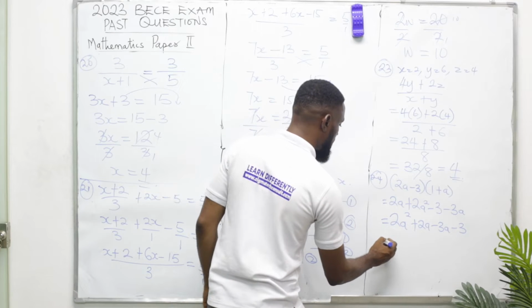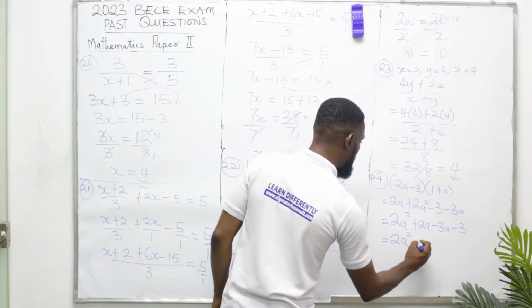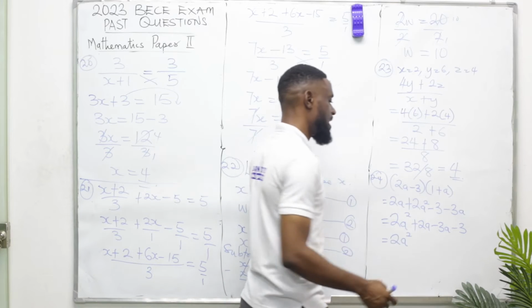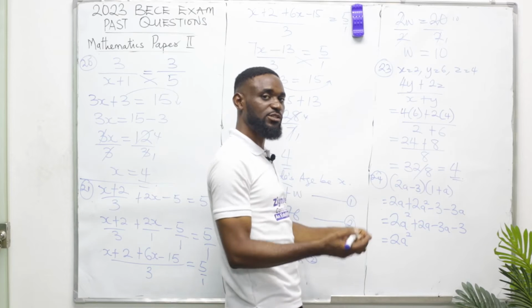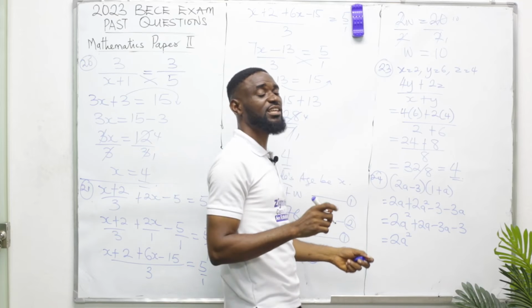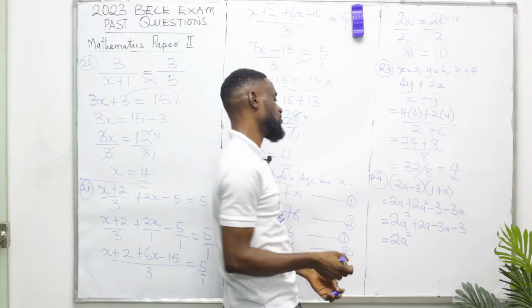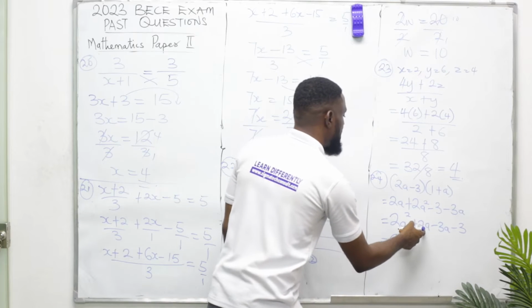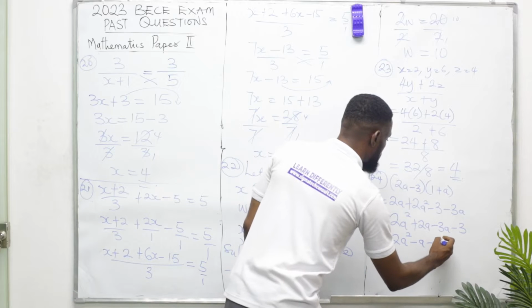So we have 2a squared, 2a minus 3a gives us minus a, that is 2 minus 3 is minus 1, so minus 1a, minus 3.